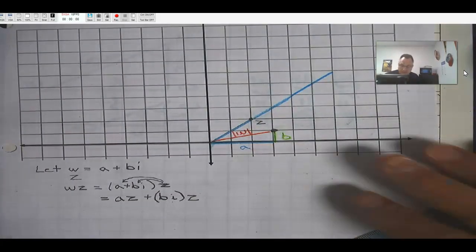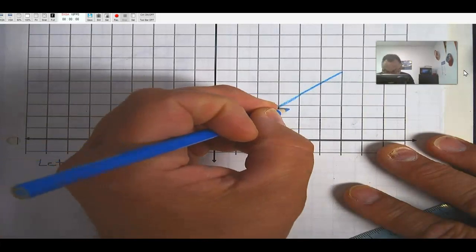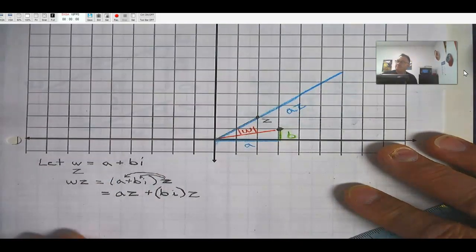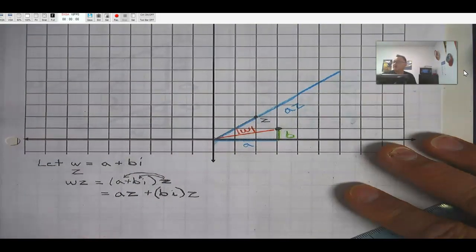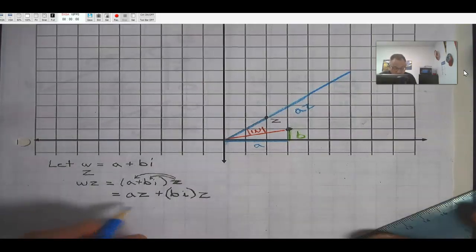So I'm going to label that blue line. I'm not going to write 3Z. I'm going to write AZ. That's how long it is. Okay, so we drew this.